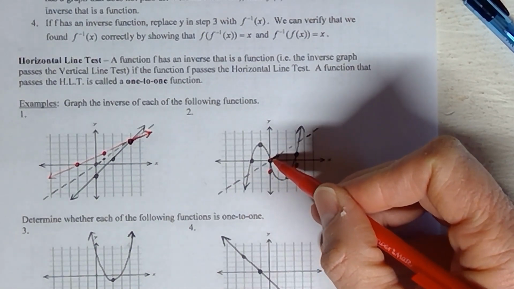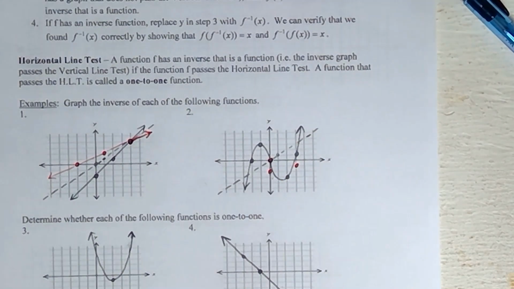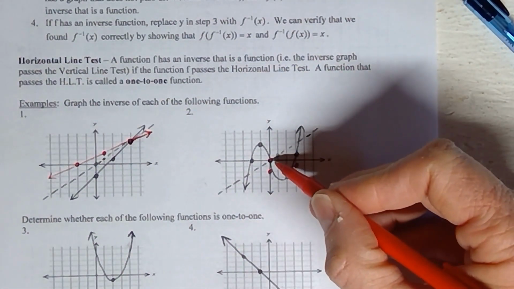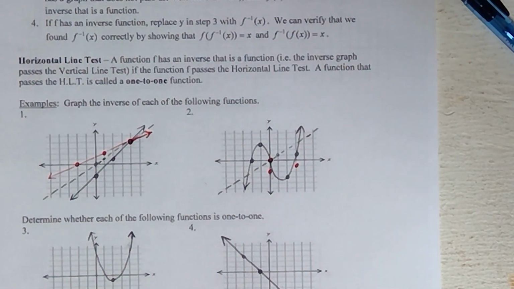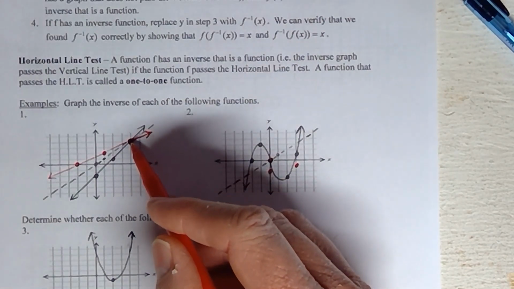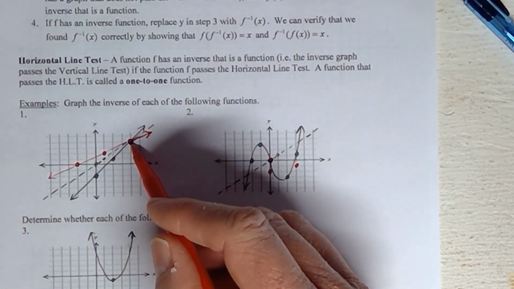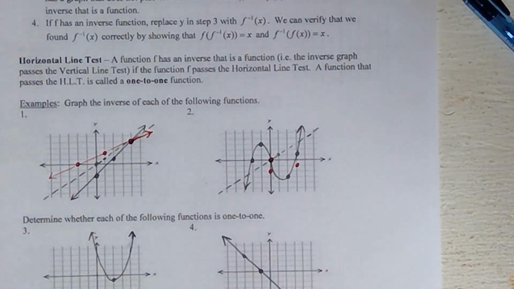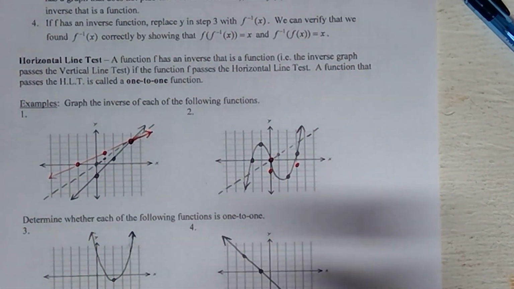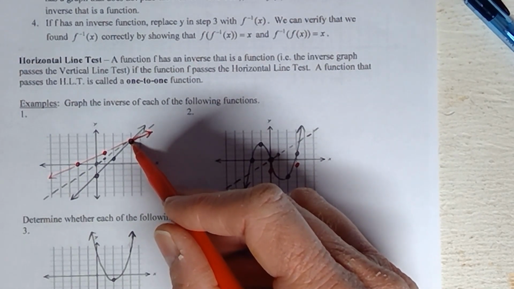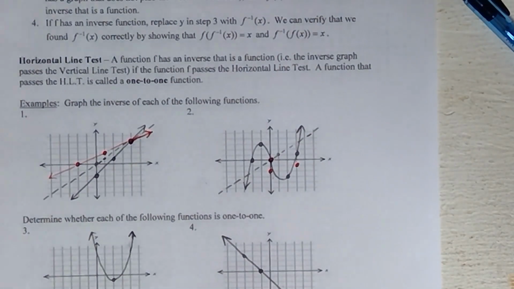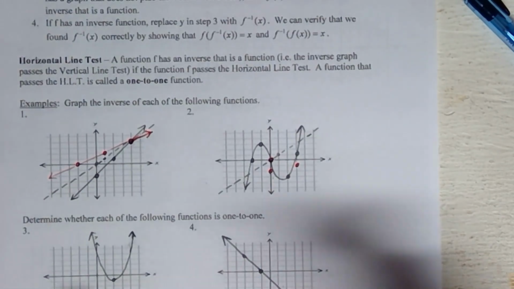In fact, any point where the x's and y's are the same will always be on both graphs, both the inverse graph and the original graph. In fact, the graphs will intersect each other there. As you can see, 4, 4 intersected there. Not a surprise, because since those points are supposed to be on both graphs where the x and y are the same, they should intersect each other, all right, at that point.